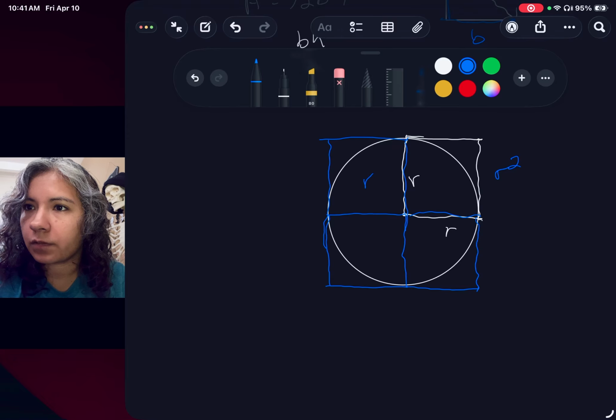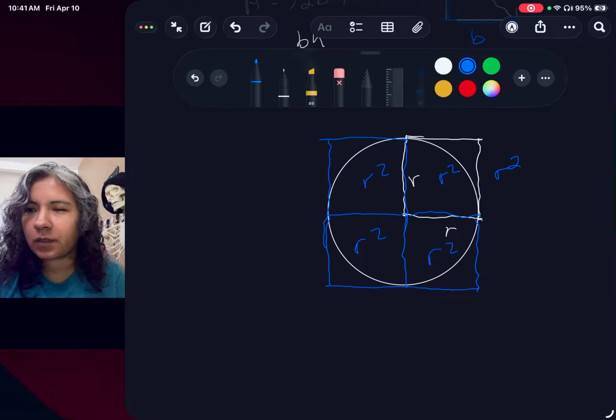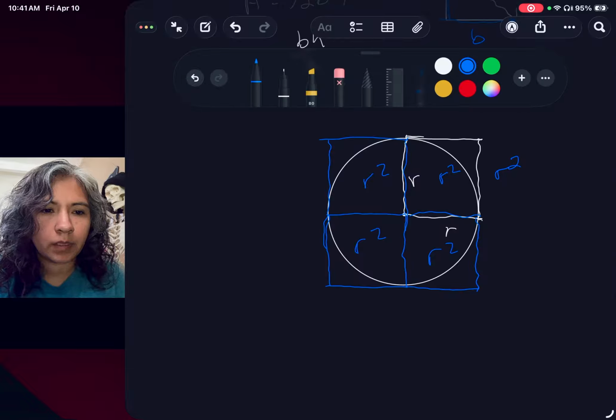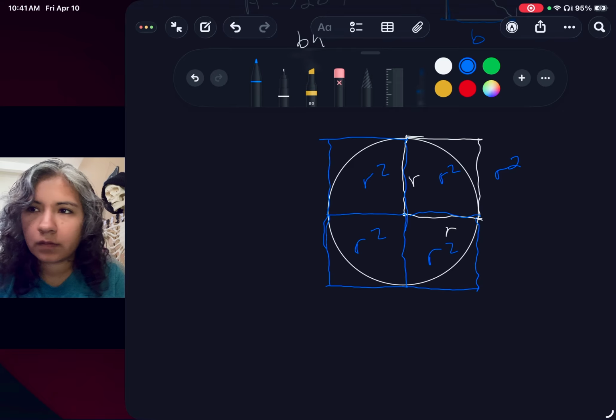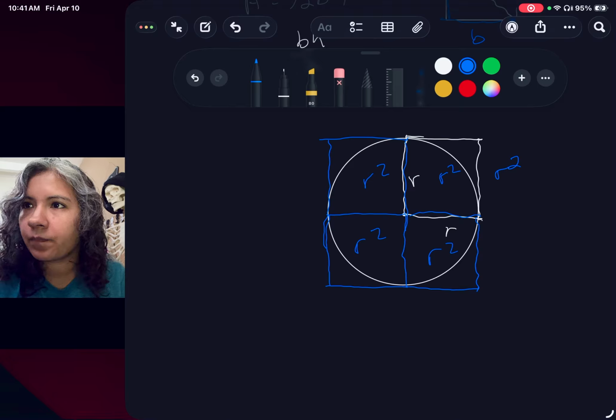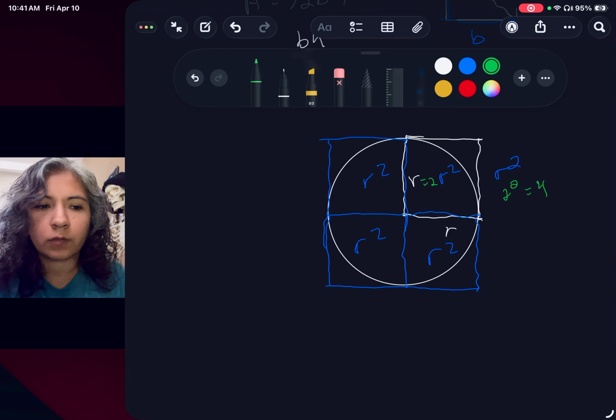We can say that if the radius r equals 2, then the radius squared would be 2 squared, equals 4.